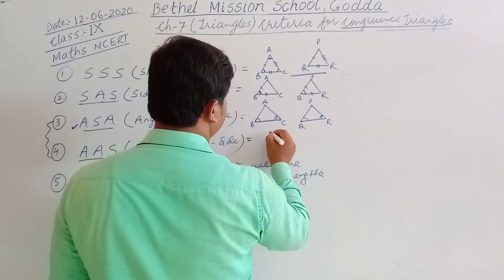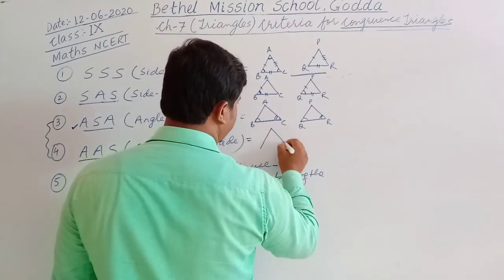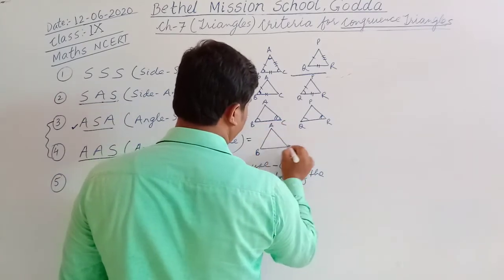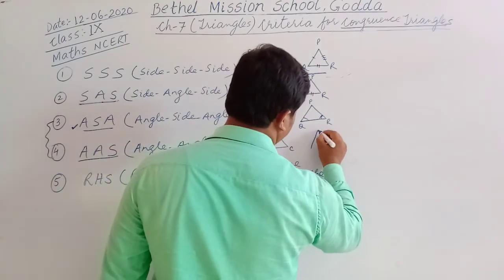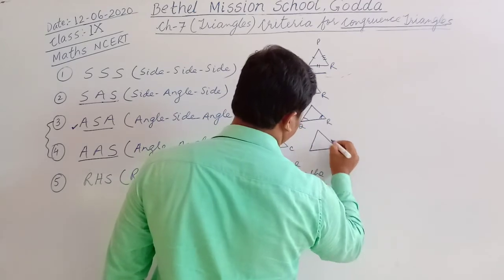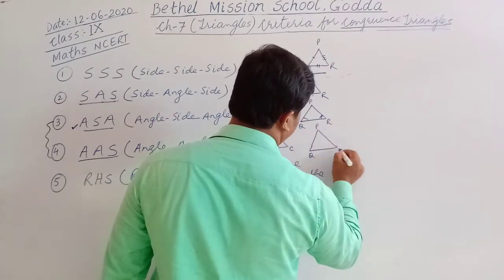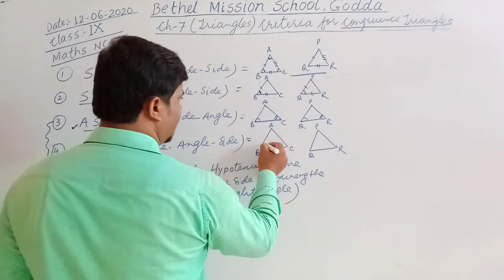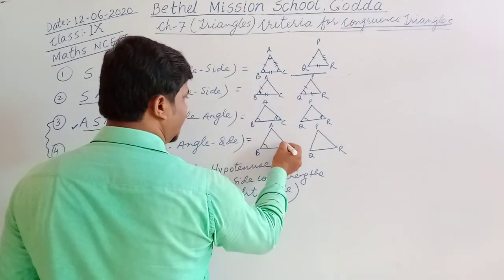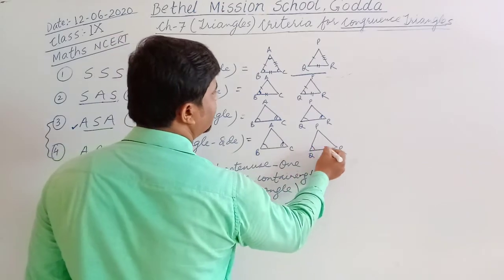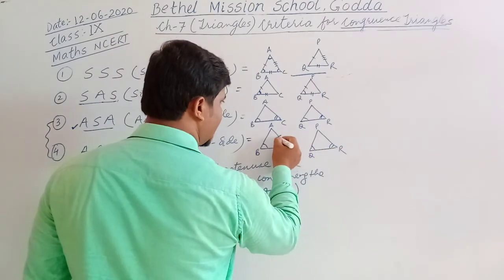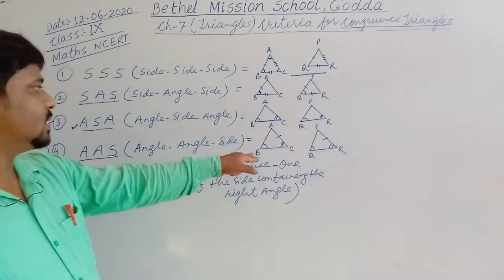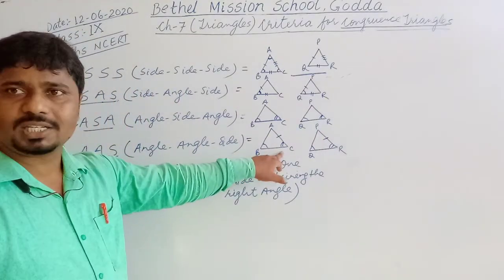What does it mean? Let's see the diagram first. Triangle ABC and triangle PQR. Angle, angle and side. I did not take here the included side.